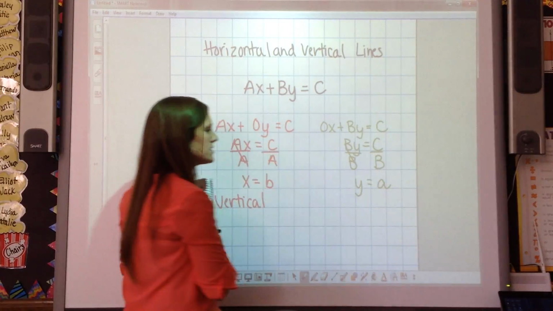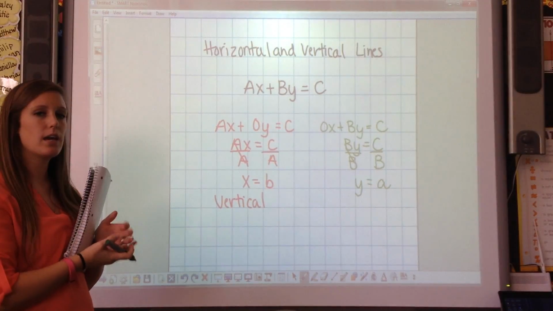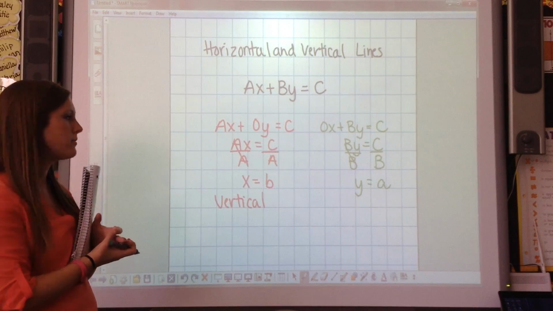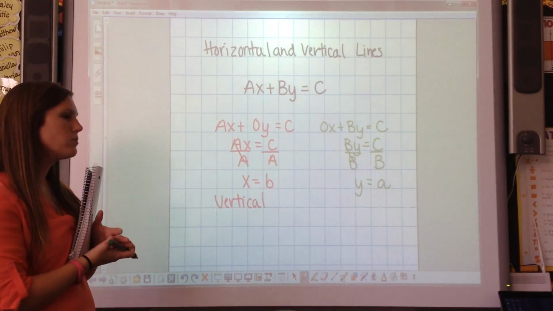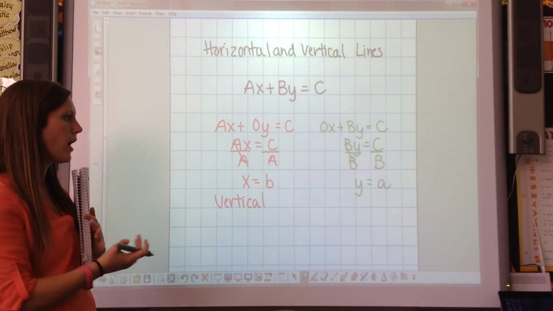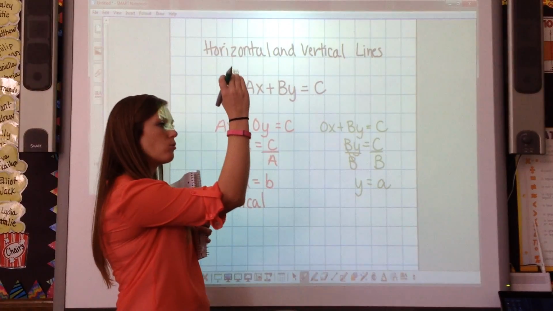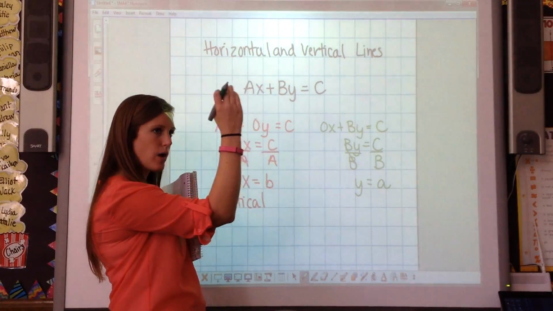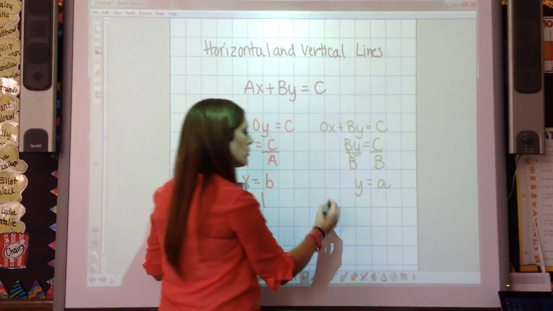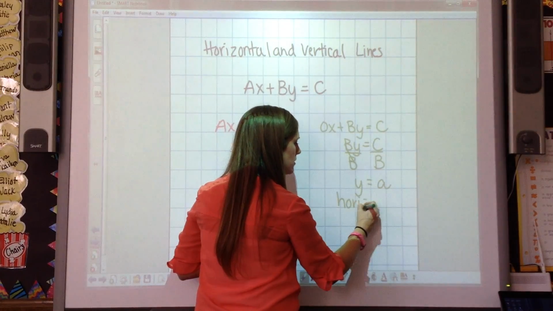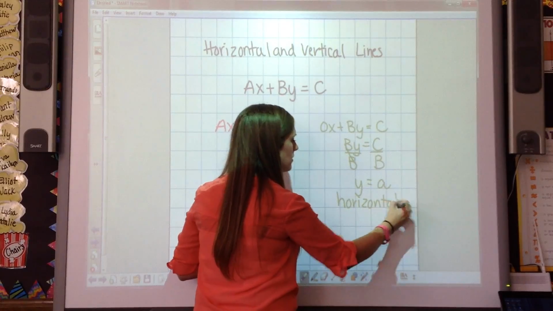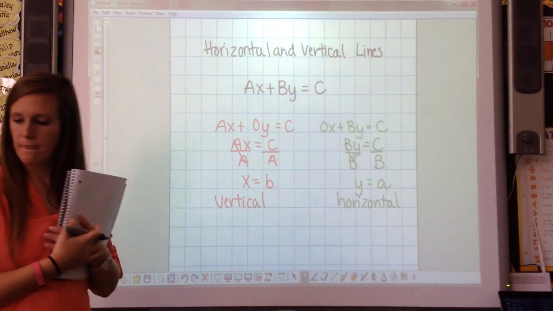Again, when your A value is 0, you're left with one variable. When you have y equals a number, the line goes through the y-axis, so this is going to be horizontal. Okay, let's keep that in mind.